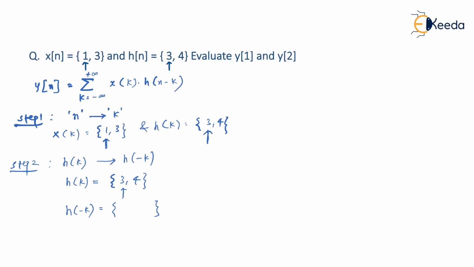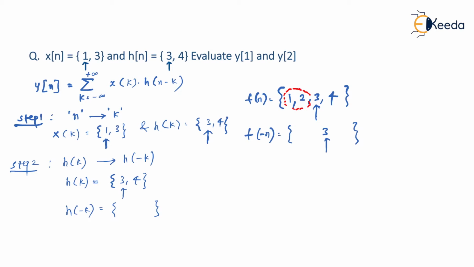For example, I'll just take some dummy example here just to make you understand how the time reversal property works. Let's say we have 1, 2, 3, 4. This is some sequence, and we have an arrow mark here. Assuming some other function, let's say f of n. If I want to perform this f of minus n, that is the time reversal property, then the n equal to 0 position is not going to alter, it is going to remain the same. Only things are going to change.